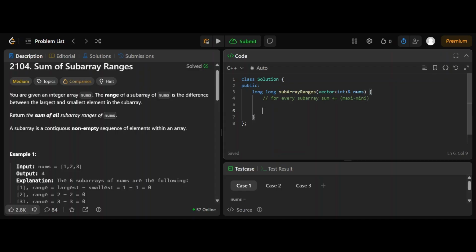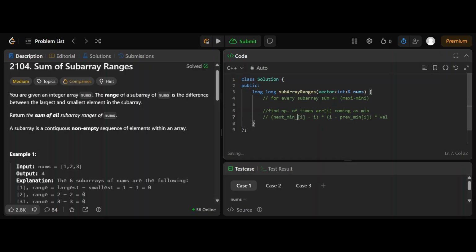Now we have to find the number of times this element is coming as minimum, and the number of times array I is coming as maximum. For minimum, it is (next minimum of I minus I) into (I minus previous minimum of I) into value.